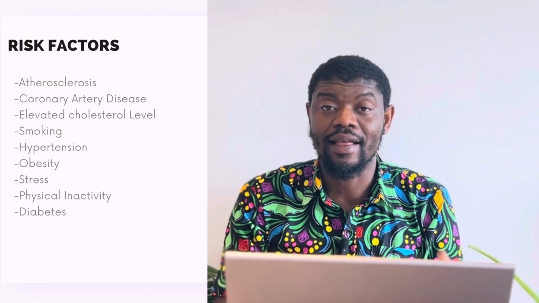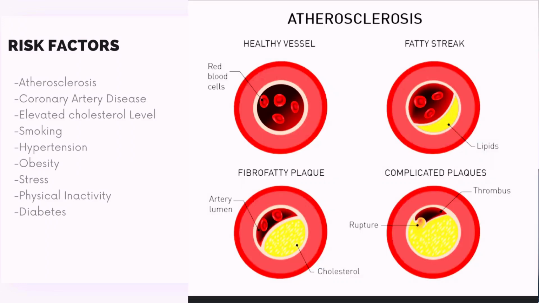Now, having understood what myocardial infarction is, we want to look at what risk factors put you at an increased risk for developing myocardial infarction. The very first one we'll talk about is atherosclerosis. Atherosclerosis is basically the building up of plaque in the coronary arteries, which blocks blood flow to the myocardium.